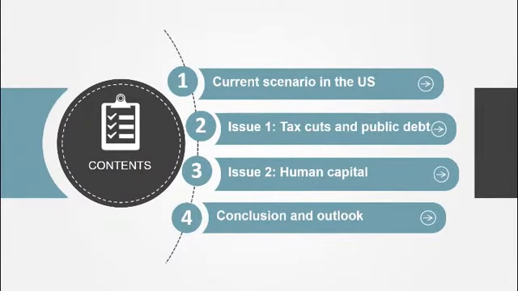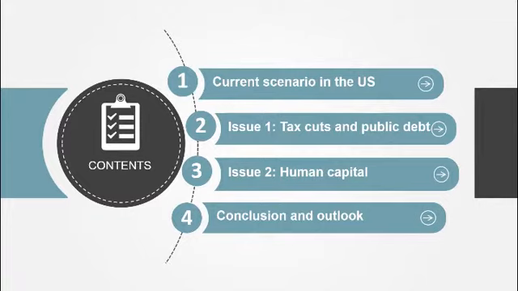As you can see, this is my contents. It is divided into 4 parts. The first one is the current scenario in the US, and I choose 2 issues. The first one is the tax cuts and the public debt. From my own perspective, I think capital accumulation is very important for a country's economic growth.